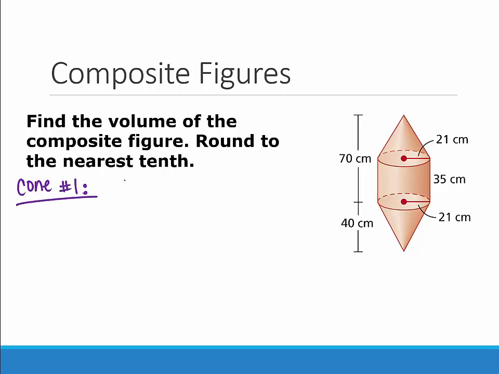So cone number 1, we'll call this guy up here. They tell us that this entire distance here is 70, and this distance here is 35. So that tells me that the height of my cone here is 70 minus 35, or 35 centimeters. Remember, for the volume of a cone, it's 1/3 pi r squared h. So let's plug stuff in.